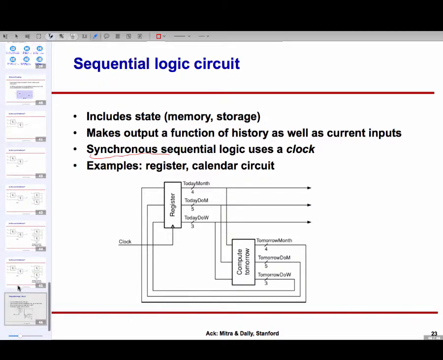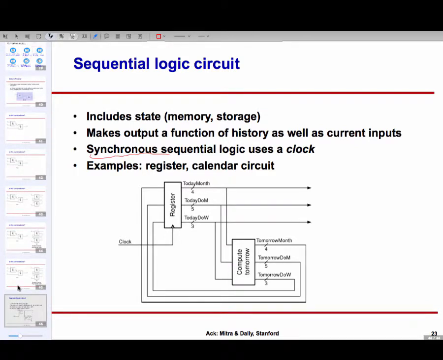So again, to re-emphasize and summarize this module, there are two types of digital systems: combinational, with no memory, where output depends on the current input; and sequential, which has memory, where output depends not just on current input, but also on the inputs which came previously.